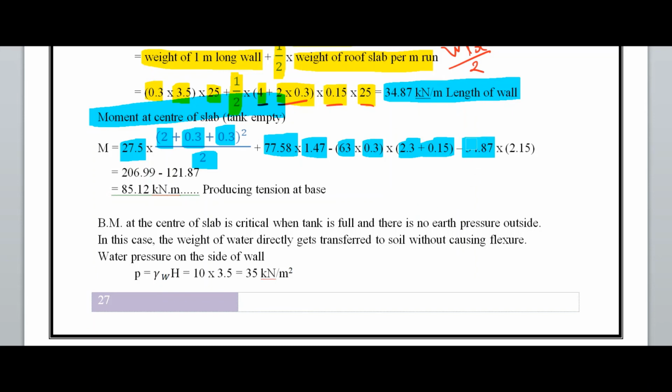And here is a wall load transfer, 34.87 and 2.15 is the distance. So moment is 85.12 kilonewton into meter.